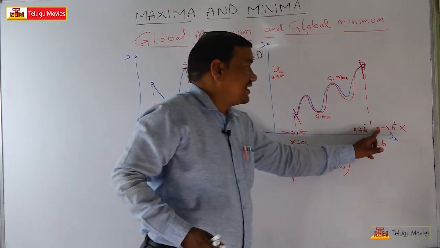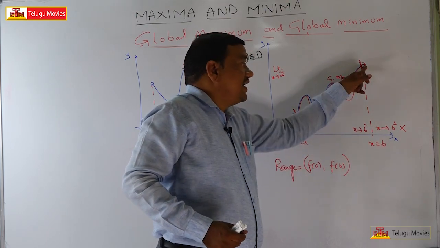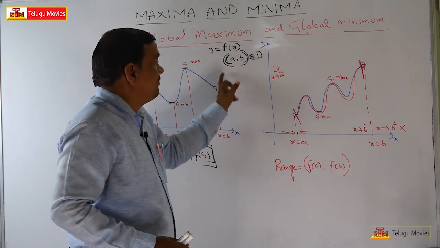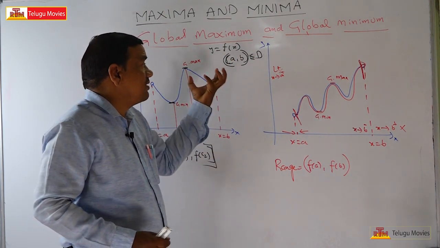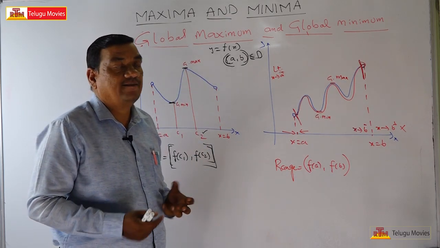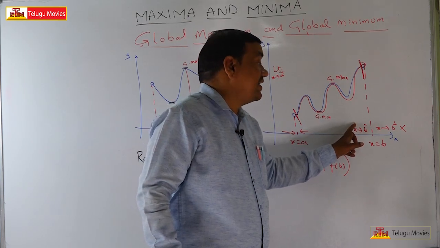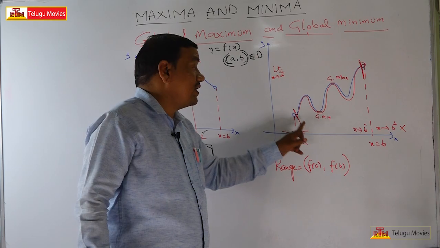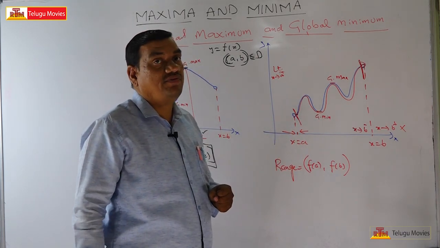Understand this? x tends to b plus means approaching from the right side, where the function is not defined. Why? Because we have taken the function from a to b. The domain of that function is from a to b, with an open bracket. At exactly b we have the left hand side limit, but we don't have the right hand side limit. Here we have the right hand side limit, but we don't have the left hand side limit value.